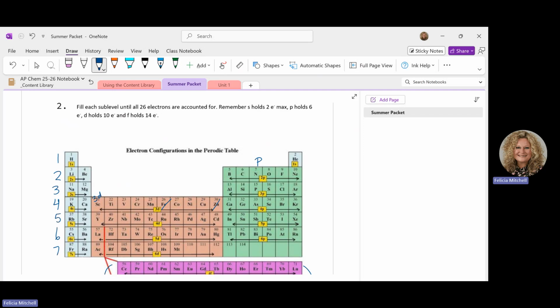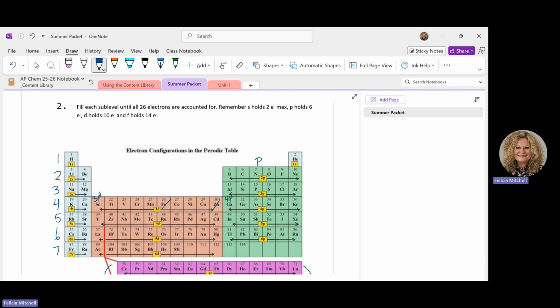When you get into that fourth row, the filling order is 4s, then you have to fill 3D, which is over here from scandium to zinc, and then this becomes where you start saying 4p. The D block drops back an energy level. It's just the way that the clouds and the orbitals are inside of an atom.